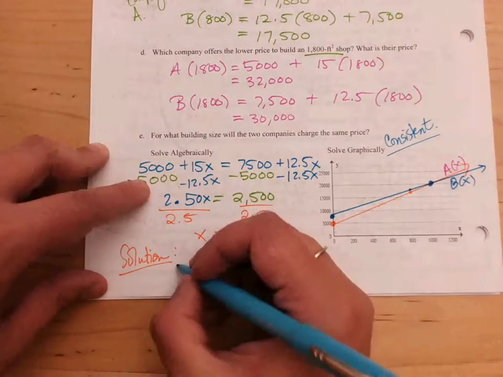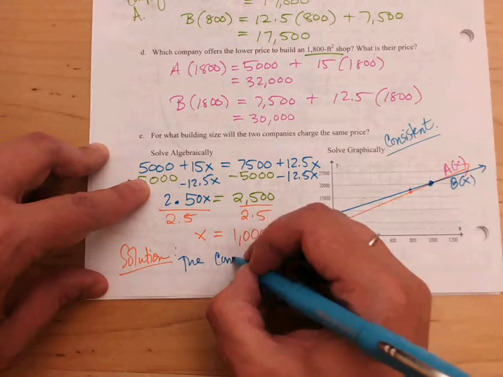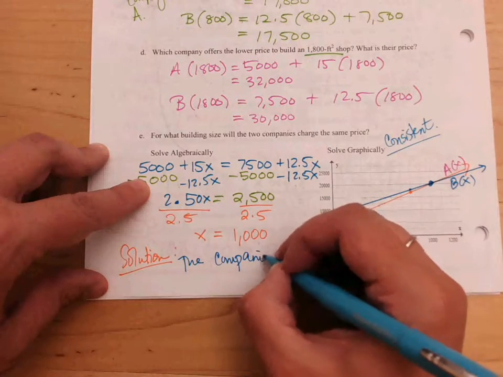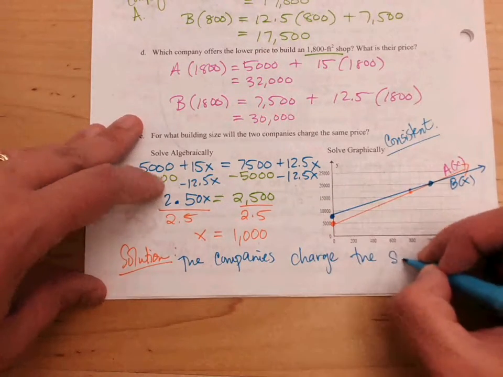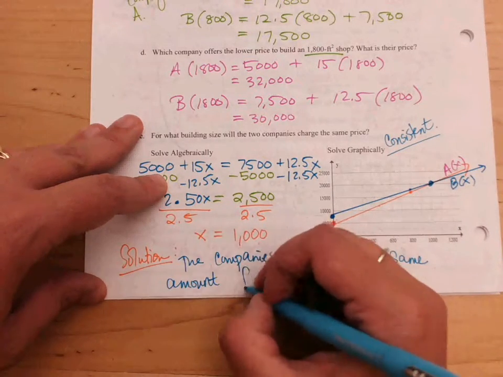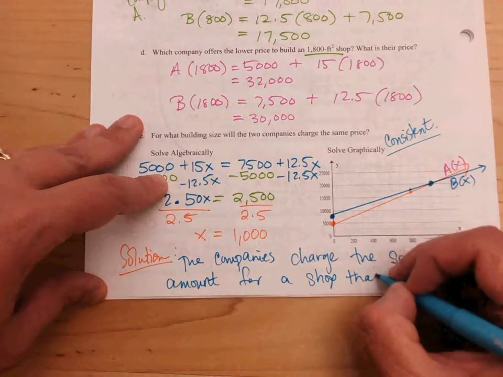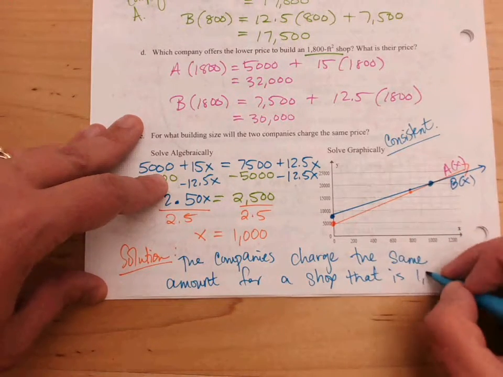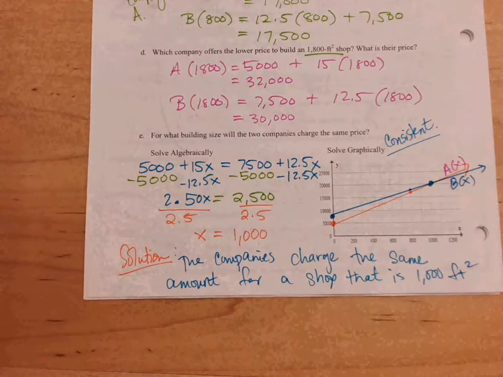So the solution is the companies charge the same amount for a shop that is 1,000 square feet, right?